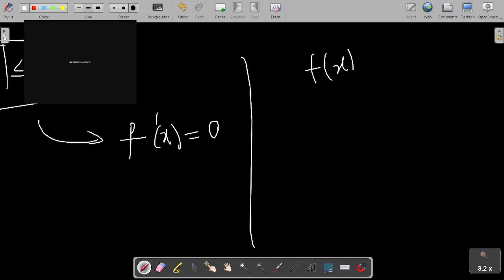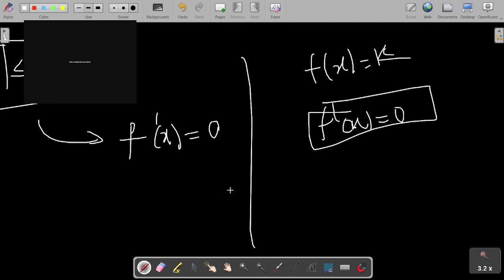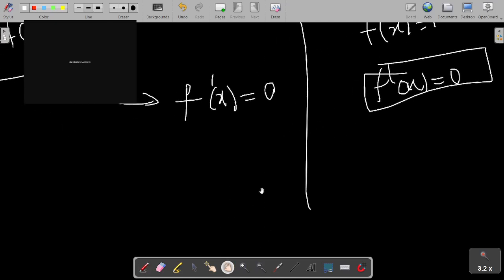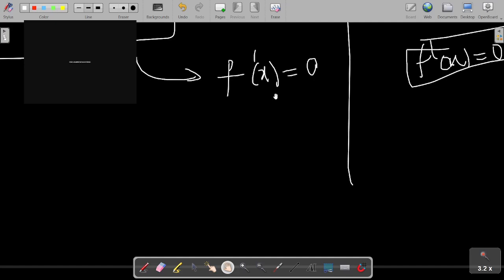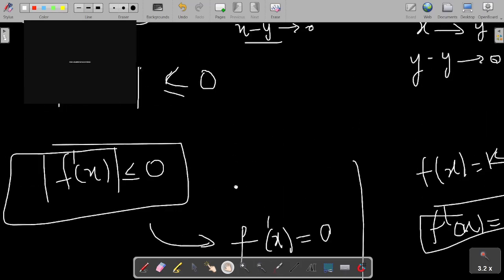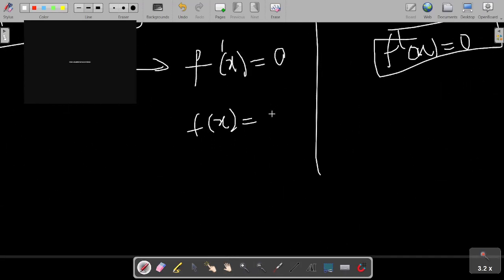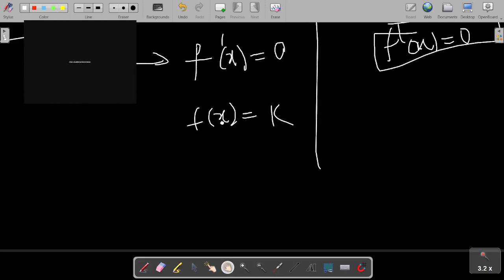If a function is a constant function, let's say the function is k, the derivative of this function will be 0. The derivative of a constant function is 0. So if this becomes 0, we can say that f of x is a constant function. Let's say f of x is k, a constant function.